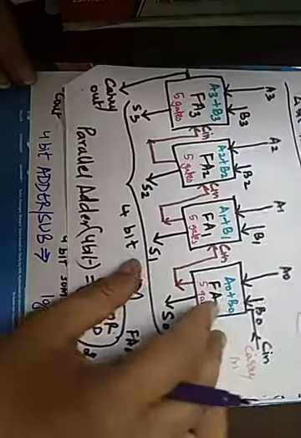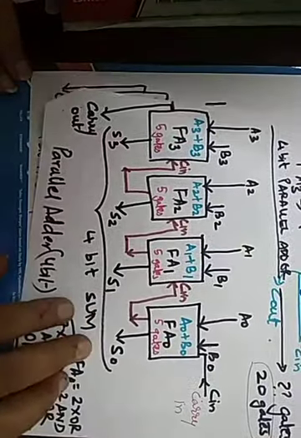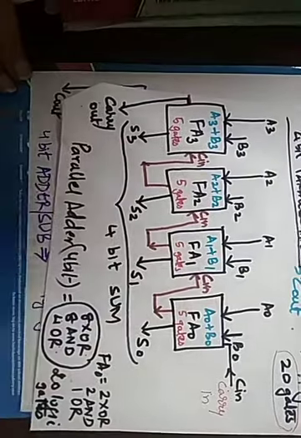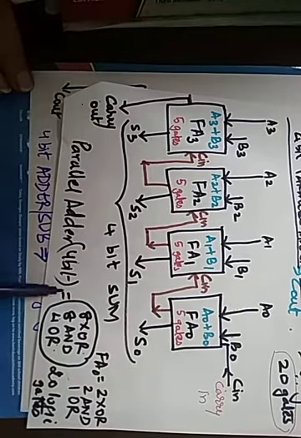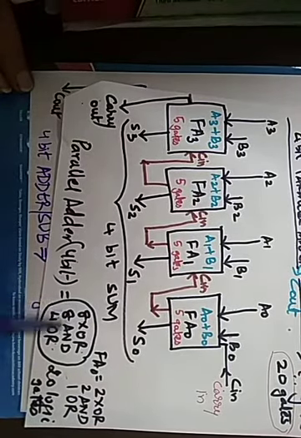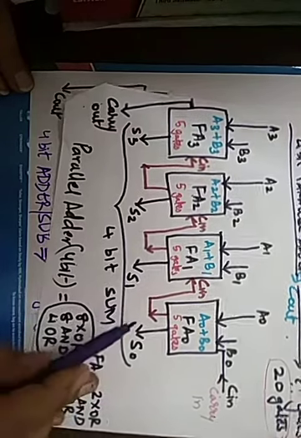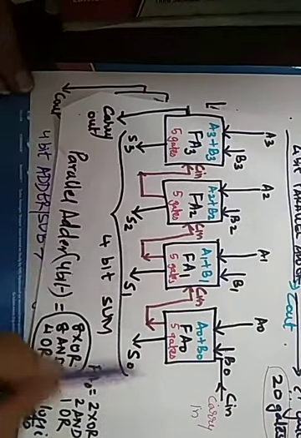Recall that the parallel adder had 20 gates. Remember that we had analyzed that in our previous class. In our previous class, we'd seen that the 4-bit parallel adder had 8 XORs, 8 ANDs, and 4 ORs, 20 logic gates. This was the circuit.